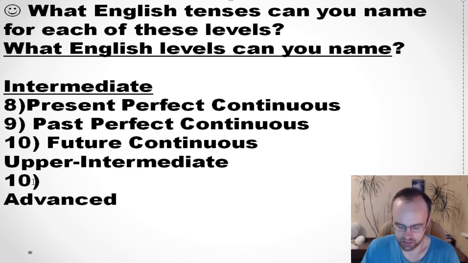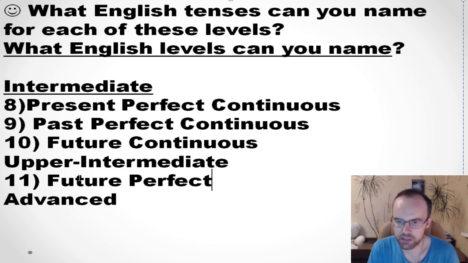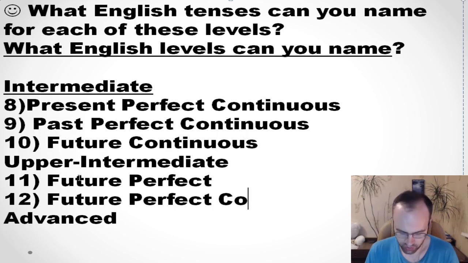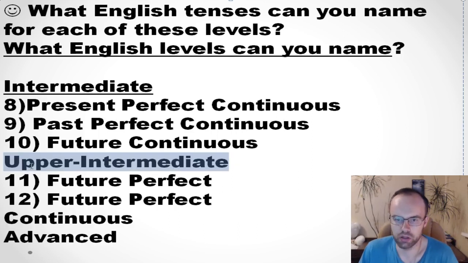So if you look at the next level, upper intermediate, so I believe that it's future perfect and future perfect continuous. You may ask me, is that all? Right, that's all.